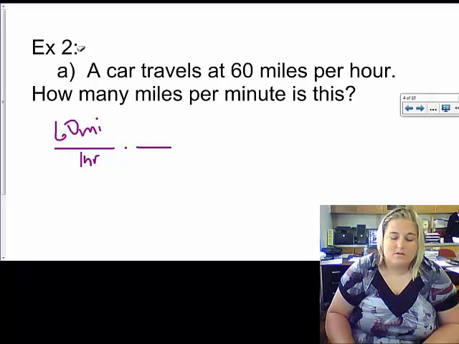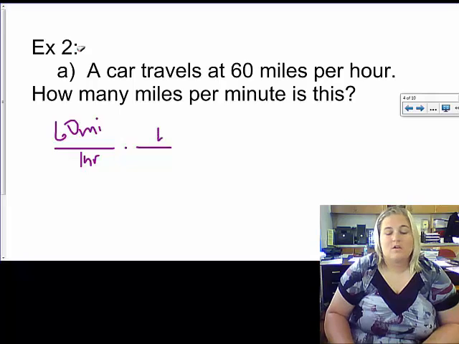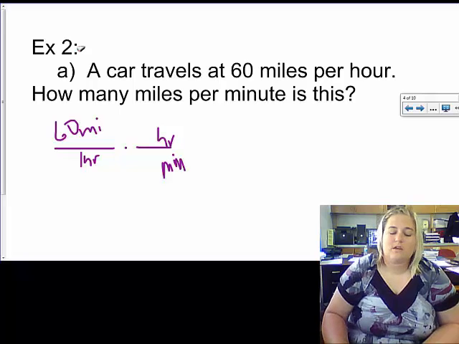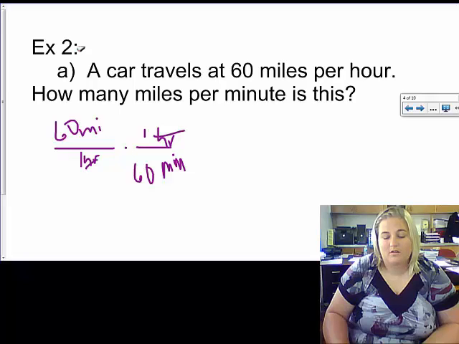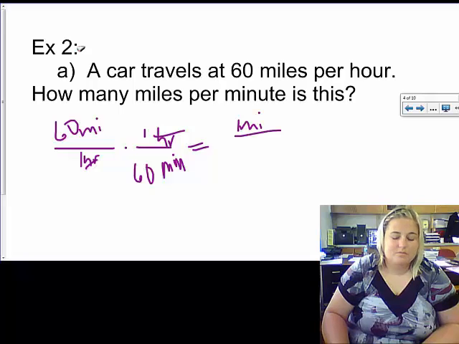And we want to cancel hours, so hours goes in the top. Minutes goes in the bottom. Okay, so my equivalency is 1 hour is 60 minutes. So hours and hours cancel, and then I'm left with 60 miles per 60 minutes, which is just 1 mile per minute.